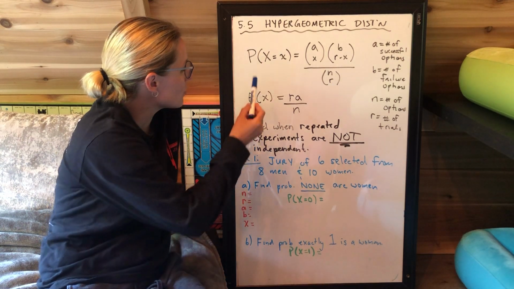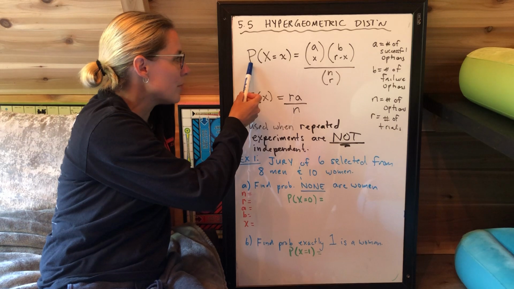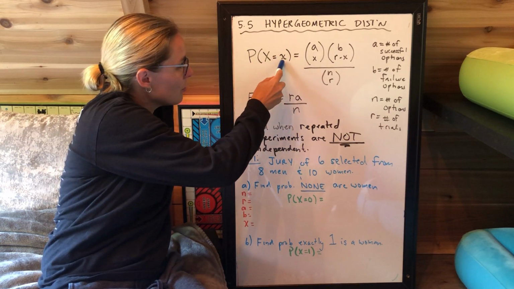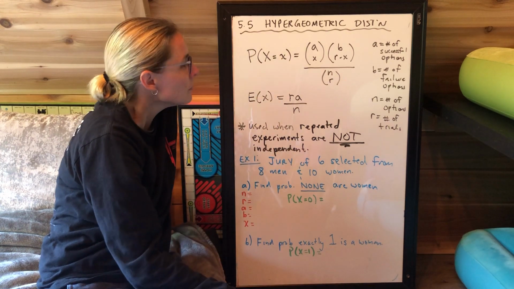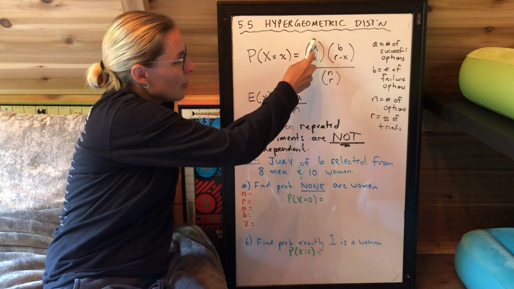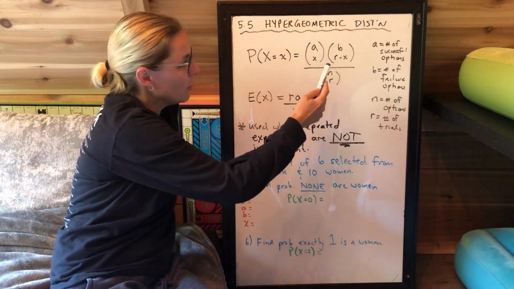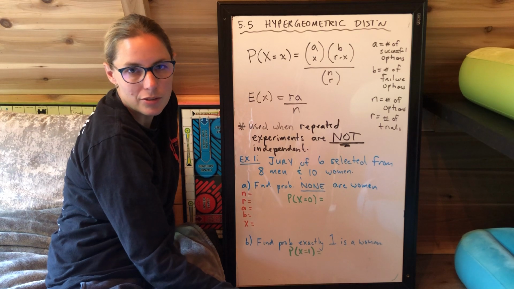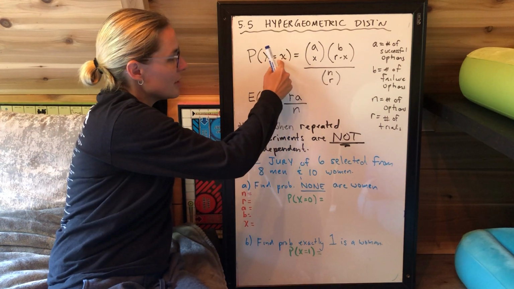What this is outlining here is the probability that some random variable x is going to equal something. This little x is going to be replaced with a number. The idea is that you take the number of outcomes that you would consider successful and choose whatever number of successes you want. So this is telling you how many successes you want.